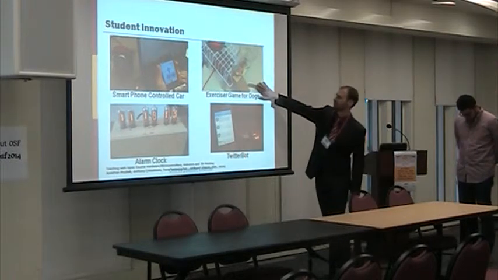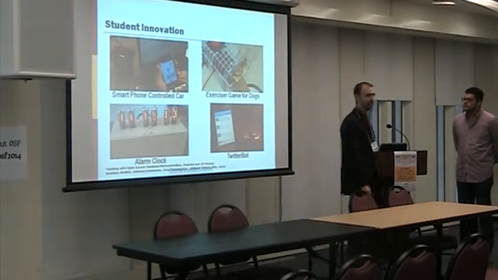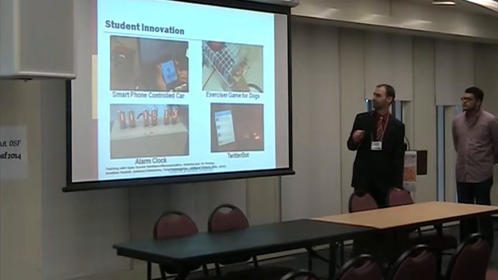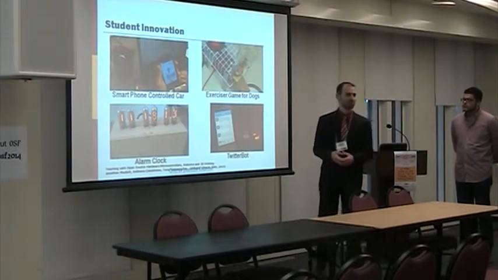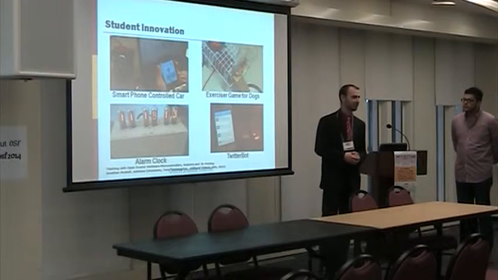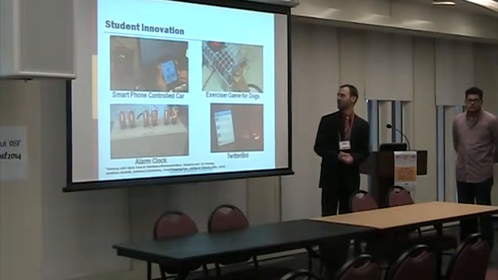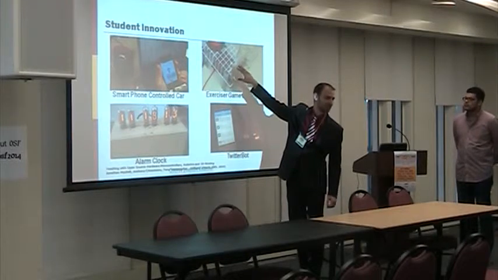Another one was somebody created an exerciser for dogs. This used a couple of the Arduinos. He had a problem that his dog would just get stir crazy, and he wanted to tire his dog out while he was at work. This is using M&Ms, but it could be dog treats or dog food.